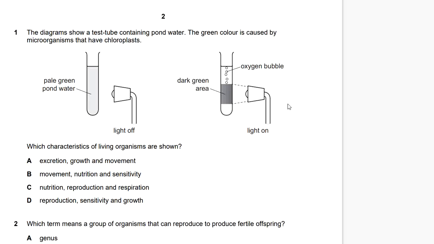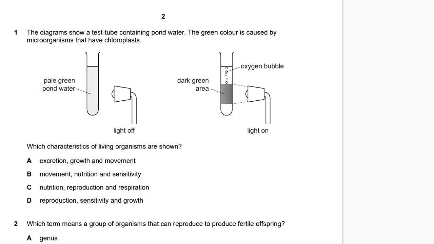However, when the light is turned on, this part, which is the dark green area where the light is found, is where they congregate together. It means that the microorganisms that have chloroplasts have concentrated in this area, and then they produce oxygen bubbles. So which characteristics of living organisms are shown?